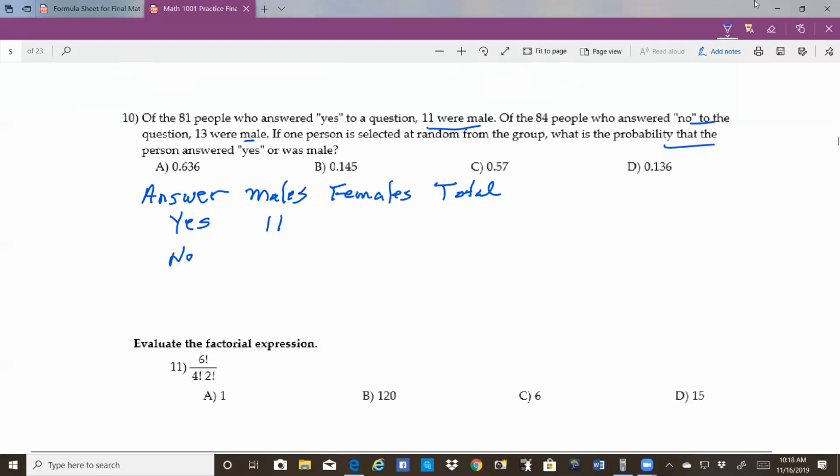And we're told that of the 81 people who answered yes, that would be a total of 81 here. And since there was a total of 81 that answered yes, there must have been 70 females.